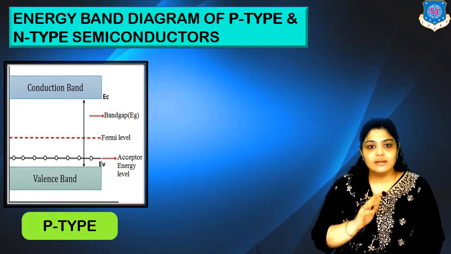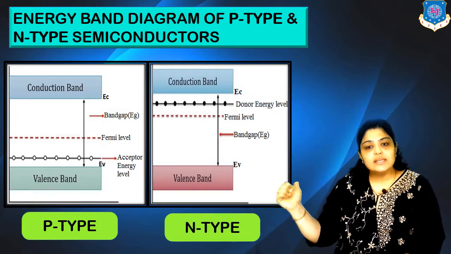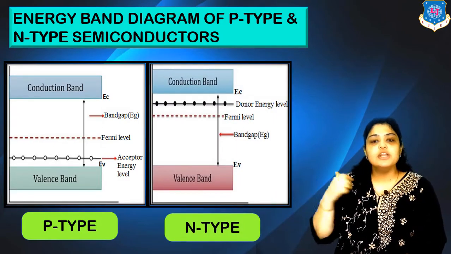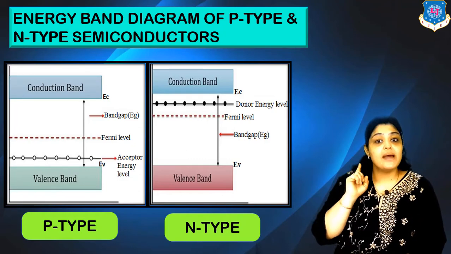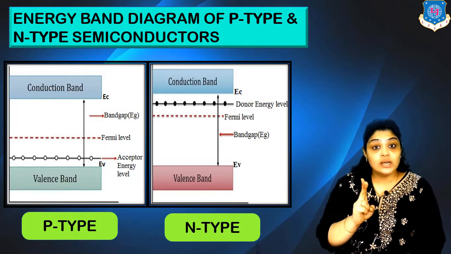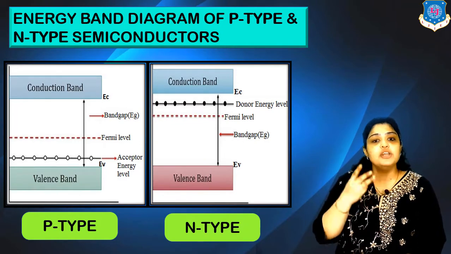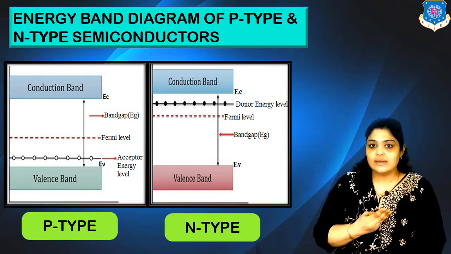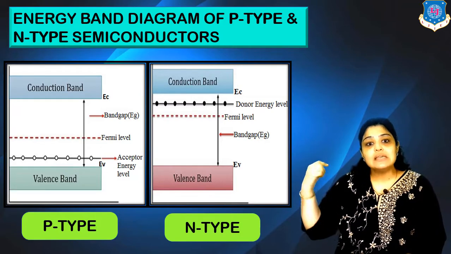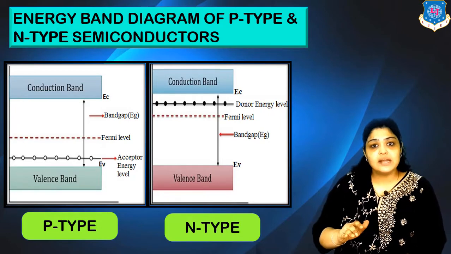Is that clear? Now let's discuss the n-type semiconductor. We know that n-type semiconductor is formed by addition of pentavalent impurities. These impurities are known as donor impurities because they are going to give away their electrons, and we know that electrons are majority charge carriers. In the diagram you can see EV, the maximum level of valence band of the semiconductor.